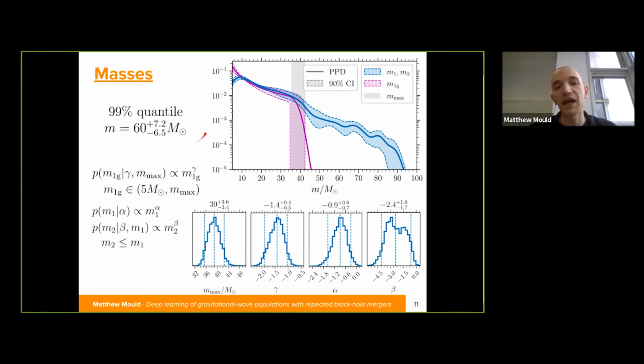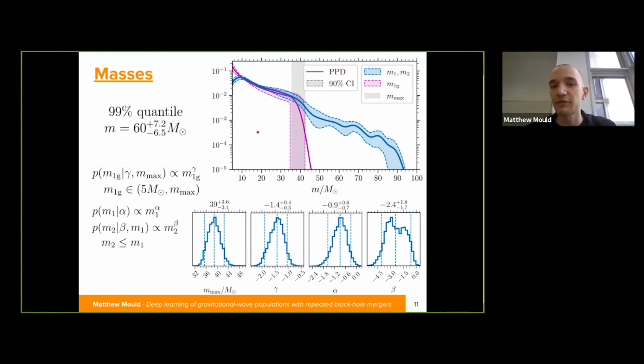So here we present our constraints on the mass distribution, where I'm comparing again the first generation distribution of masses with the full distribution of all masses, both primary and secondary. And what we find is that there is an extended spectrum of masses above the first generation cutoff, which is given by this Mmax, this shaded credible region.